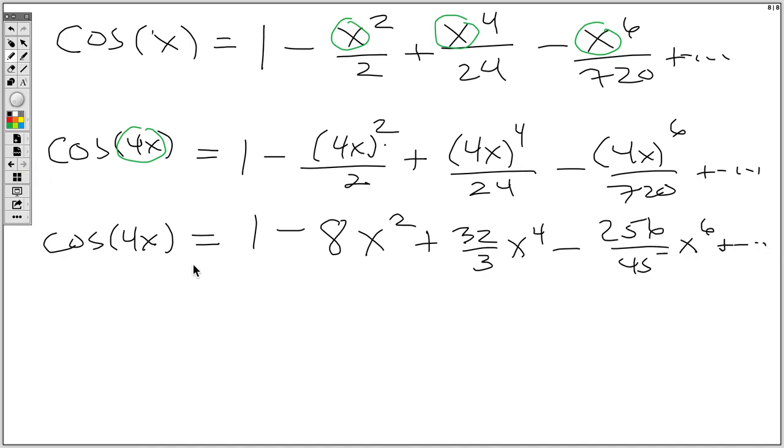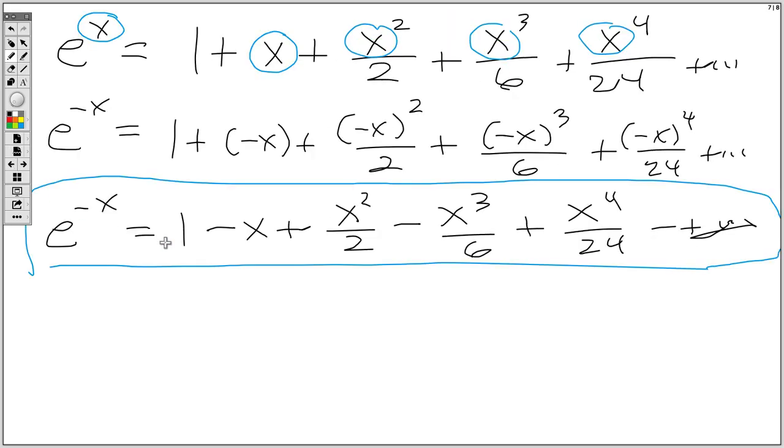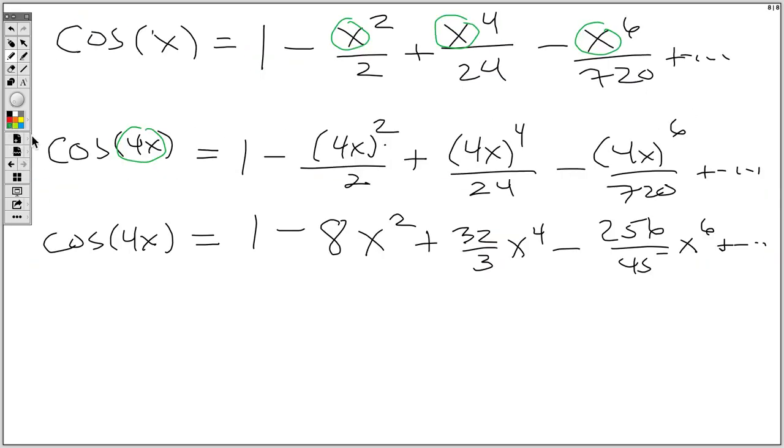Now once again, I'm only kind of guessing how many terms I need here because I now need to multiply these two series together.